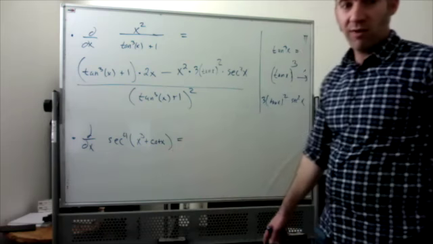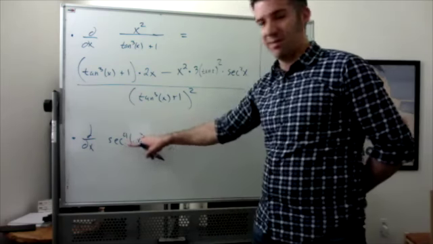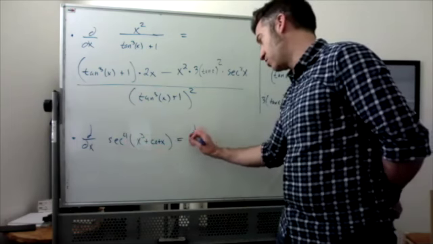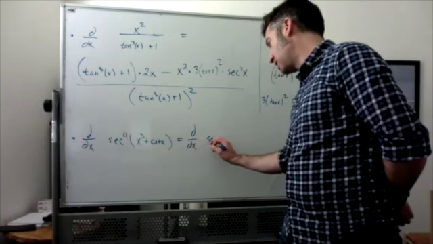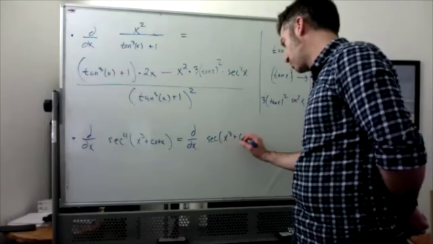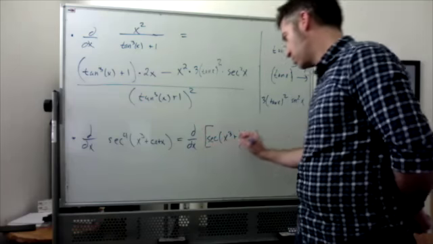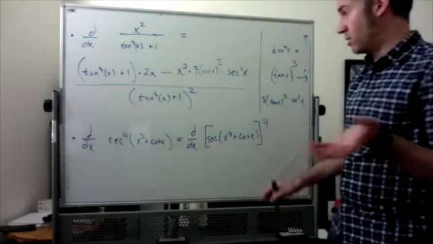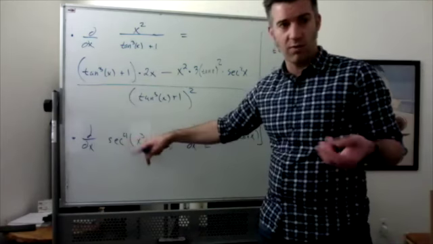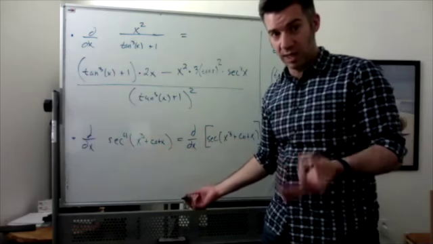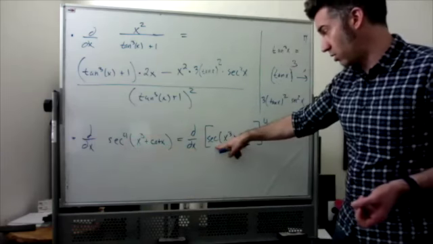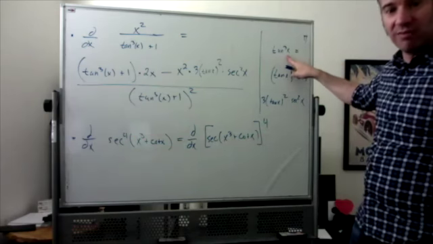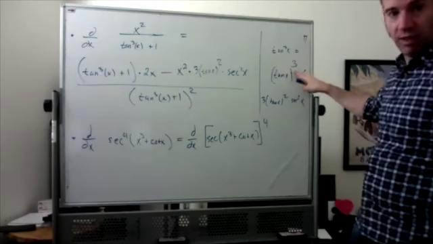Whenever I have a trig function to a power, especially if there's more complicated stuff in there, I really like to rewrite it as the derivative of secant of x cubed plus cotangent x, all raised to the fourth power. I'll remind everybody that when you have secant to the fourth or cosine to the third, that's just abbreviated notation for the trig function of whatever, all raised to the fourth power, just like tangent cubed of x really means tangent of x raised to the third power.